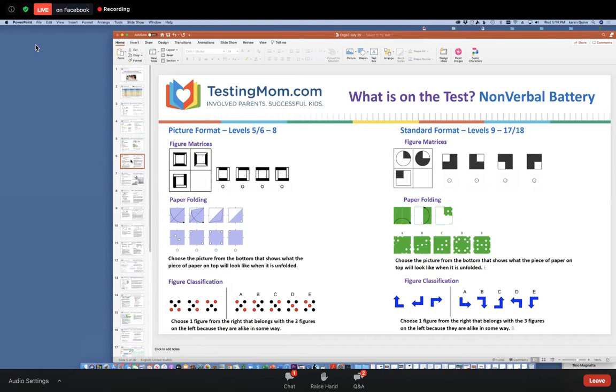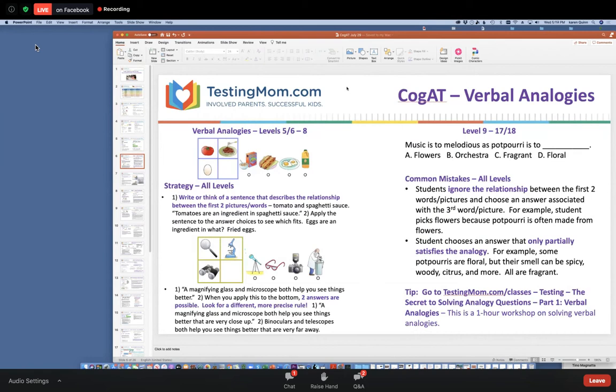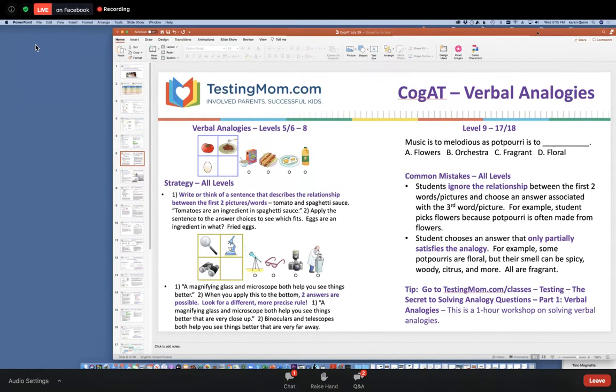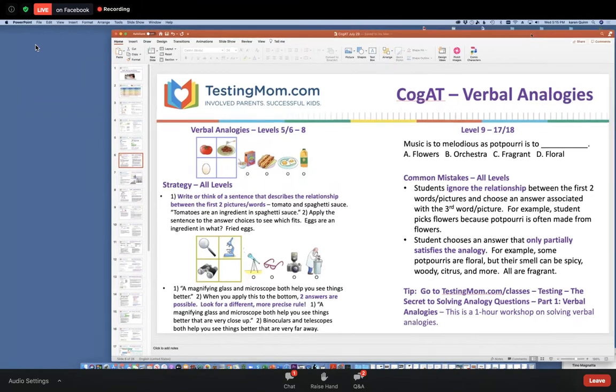Now, what I'm going to do now is I want to take you through a lot of the different types of questions, and I'm going to try to give you some tips on some common mistakes kids make, and ways to, if you're working with your child, what you might say to them to help them out in figuring these different types of questions out.